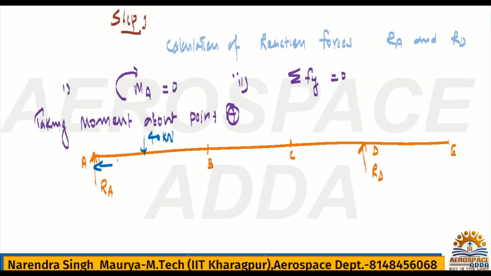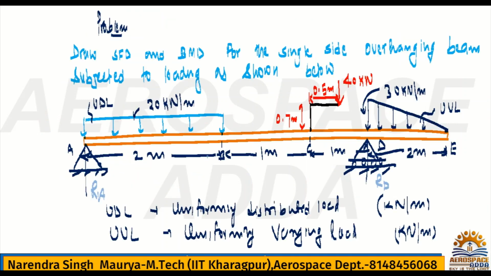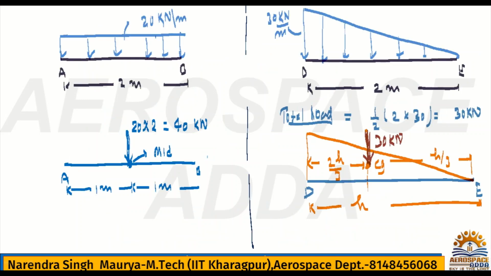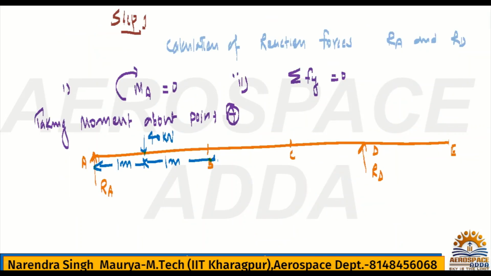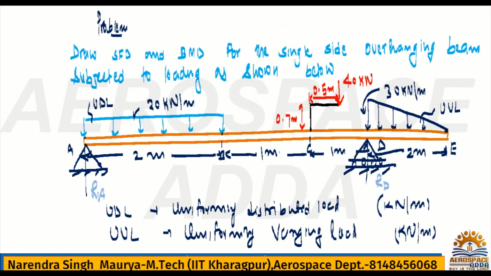Then another distance is 1 meter, then 1 meter, and point C. Now this is called a bracket load. About this bracket load, if you see, the 40 kilonewton load is acting at this end.